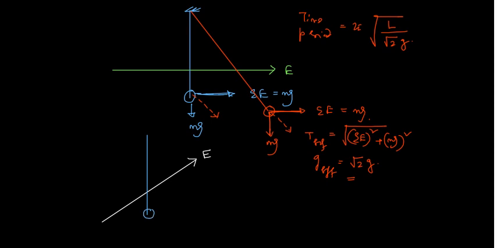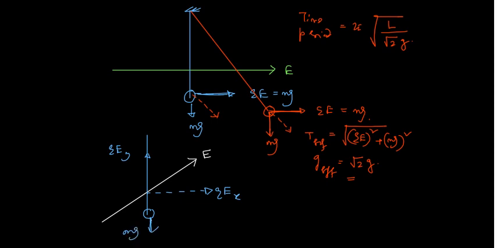So here in this case, what will happen? We will see that this electric field basically will have two components. One is this component, this is Ex, so force will be qEx, and in that direction we will have force equal to q into Ey. Downward force will be mg.